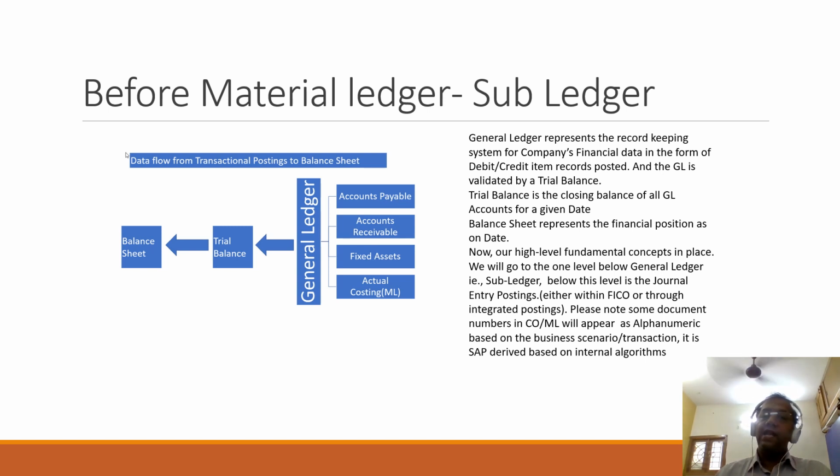Now, with our high-level fundamental concept in place, we go one level below the general ledger, to the subledger. The subledger holds journal entries posted either within FICO or through integrated posting. You know very well that when accounts receivable is posted, it goes to finance.